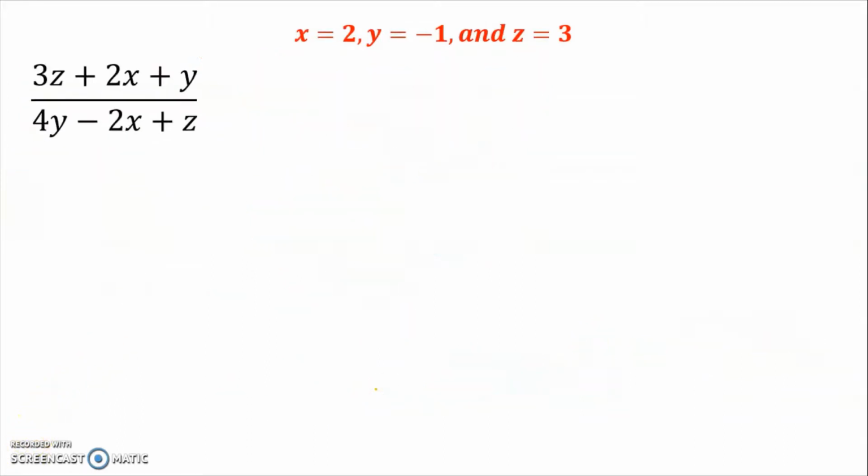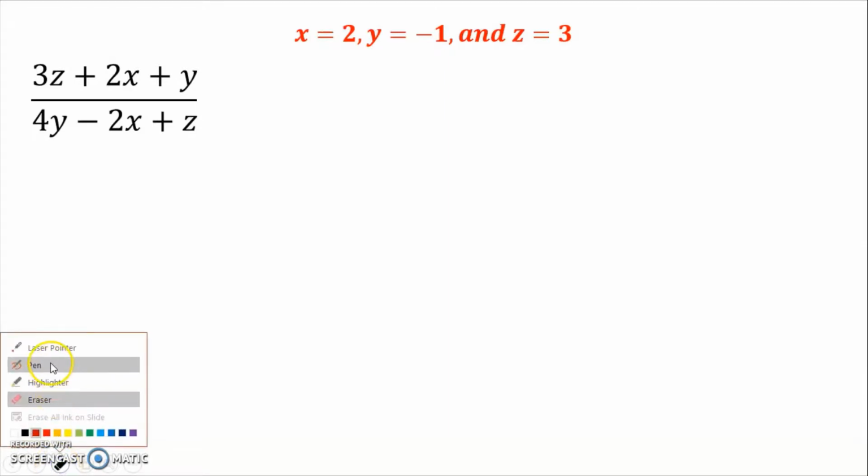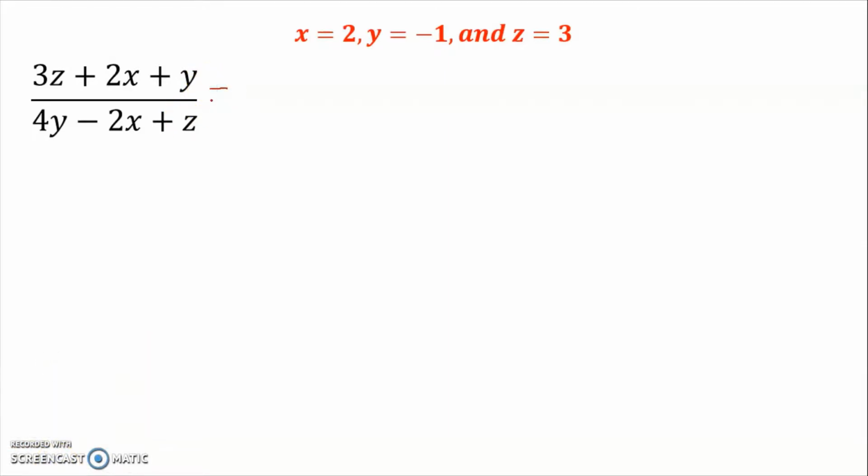Let's look at another expression that is similar to that. We have 3z plus 2x plus y, all over 4y minus 2x plus z. Let's go ahead and expand that. Now 3z is the same as 3 multiplied by z.